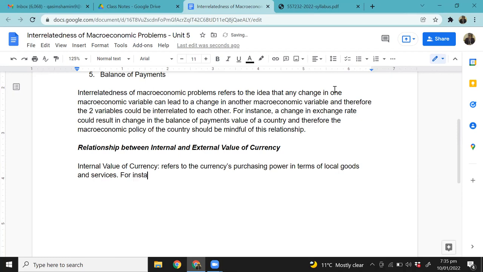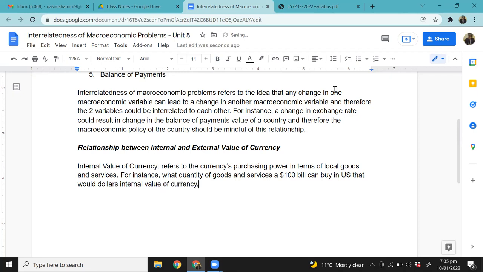For instance, what quantity of goods and services a $100 bill can buy in the US would be the dollar's internal value of currency.